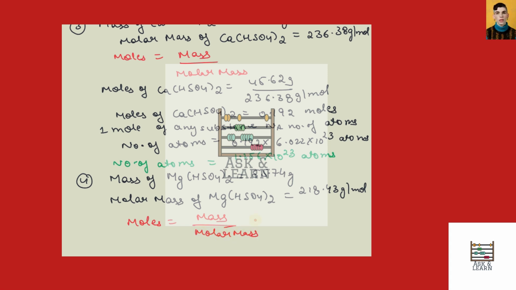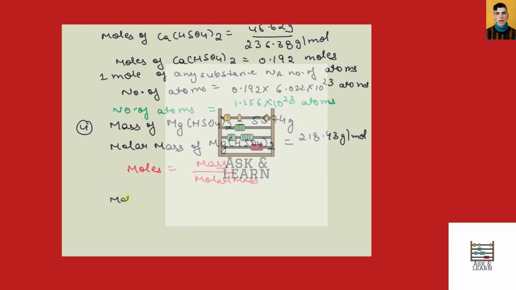Substituting the values, its mass is 55.74 gram and its molar mass is 218.43 gram per mole. When we solve this, we get the moles, which is 0.253 moles.